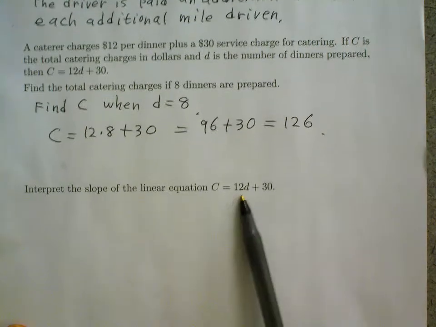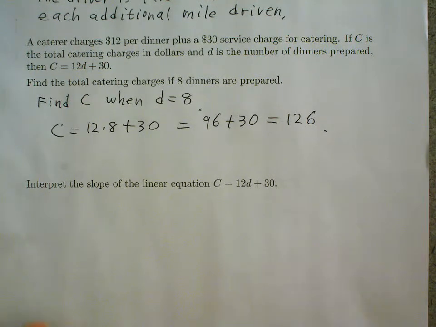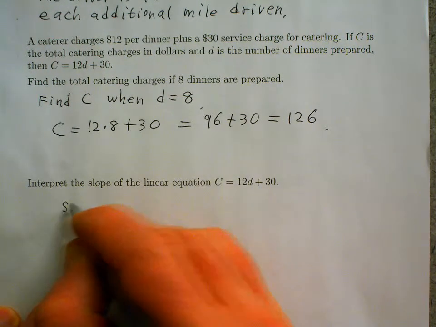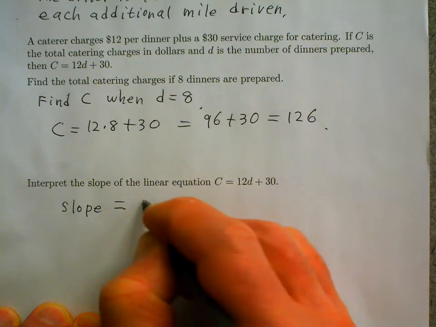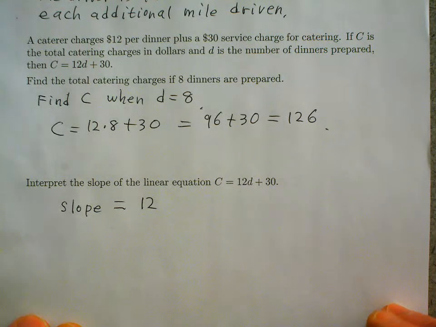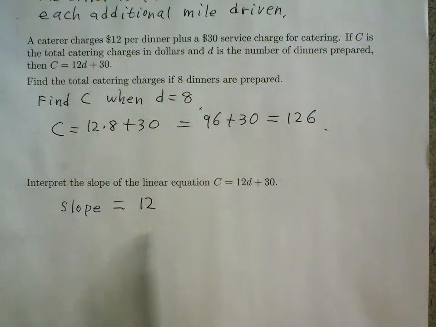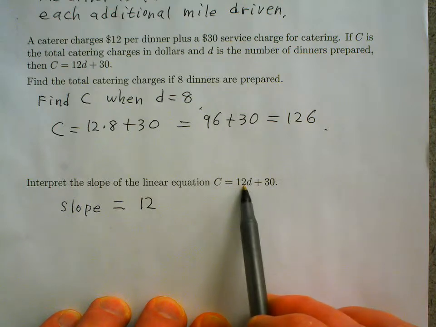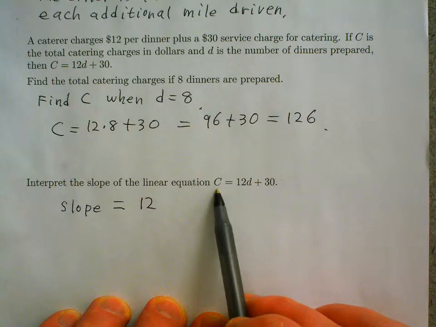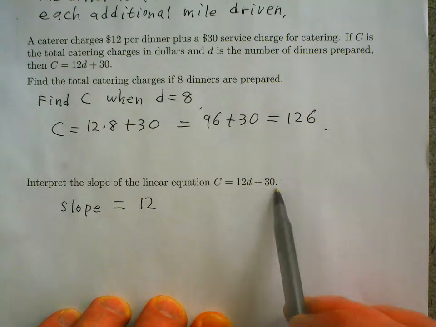The slope of the line is 12, but the slope has units, in the form of a rate. So what are the units for the slope 12? 12 for one dinner. Yeah, dollars per dinner. Instead of y equals 12x plus 30, we have c equals 12d plus 30.